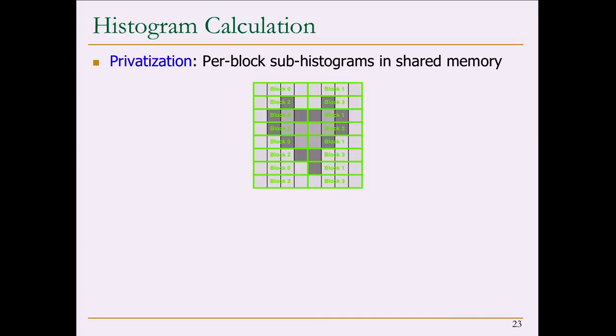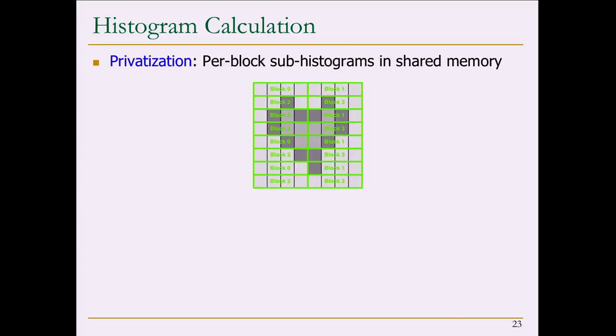At the end of the execution, this histogram will be computed and stored in global memory. So we have one single histogram in global memory. Think about that. If we just want to use this single histogram in global memory, what are the problems that we are going to have every time we have a conflict?